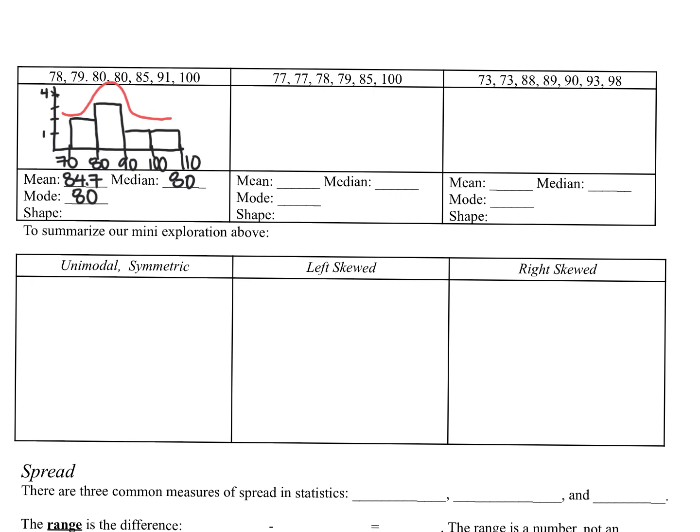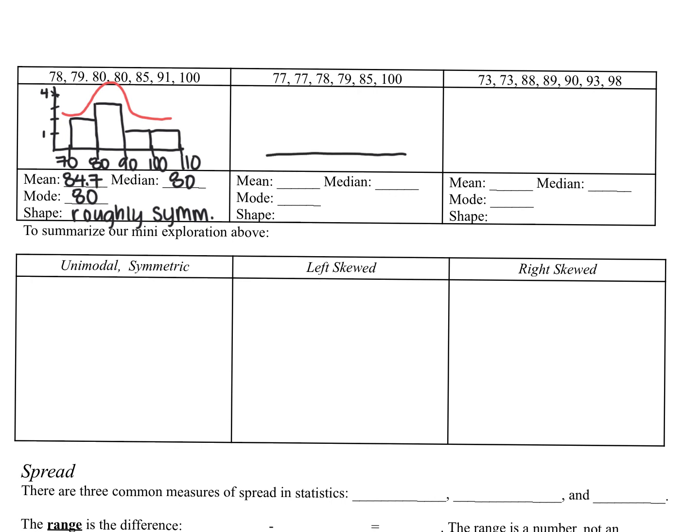It's not perfectly symmetric, so I'm going to call the shape roughly symmetric. It does not have to be 100% perfect. You can say something is roughly symmetric. It's not exactly left skewed or right skewed. It's not obviously skewed in either direction, and that's when we say something is roughly symmetric.